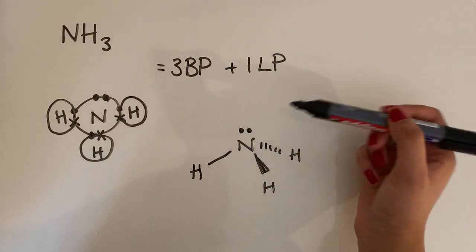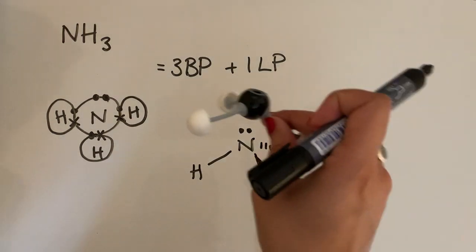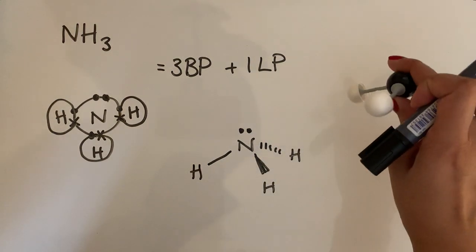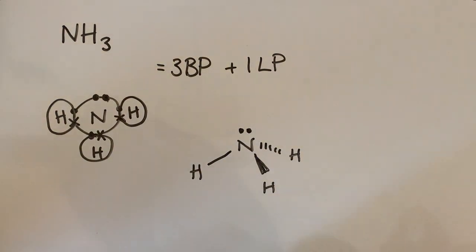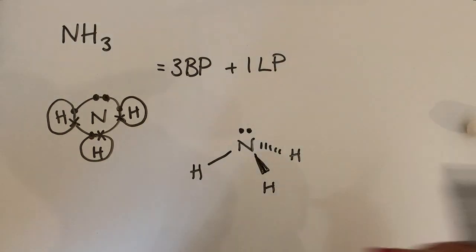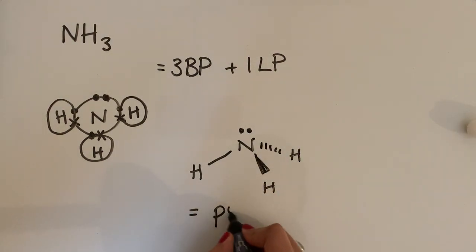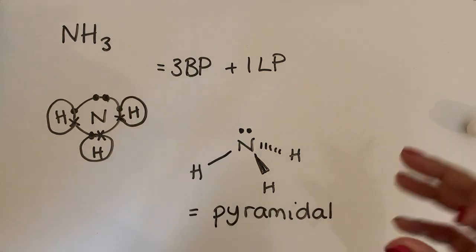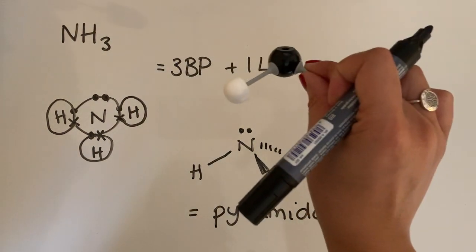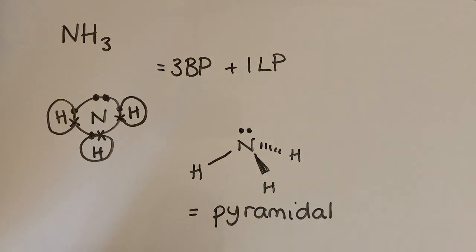This shape over here, we call pyramidal. It kind of forms a pyramid shape like that. So this is called a pyramidal shape.